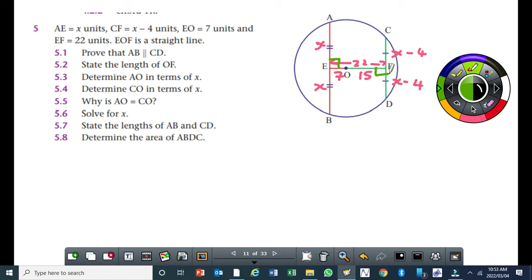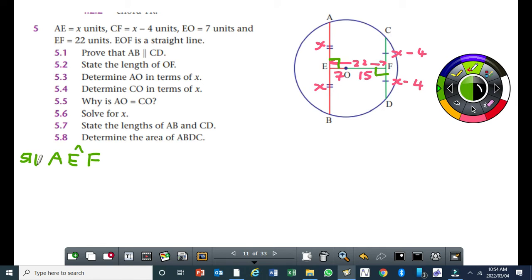So, first thing I'll say, angle AEF, so we are doing 5.1. Please be aware that we are not told that the line which passes through the center and the chord are perpendicular.